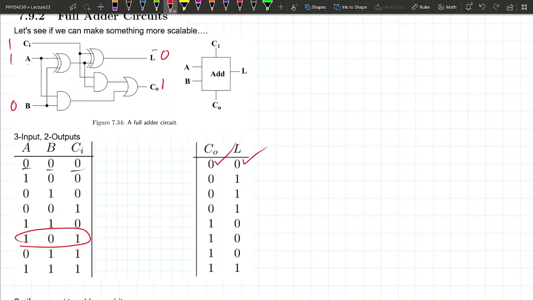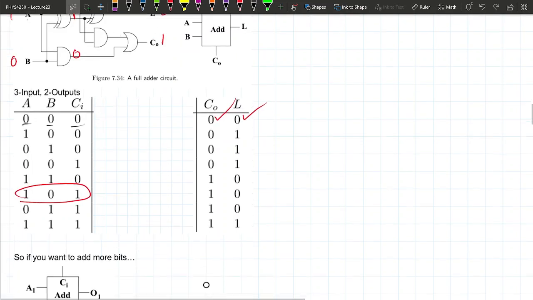So the XOR between A and B here should be 1. The AND gate here should be 0. The XOR between 1 and 1 should be 0.